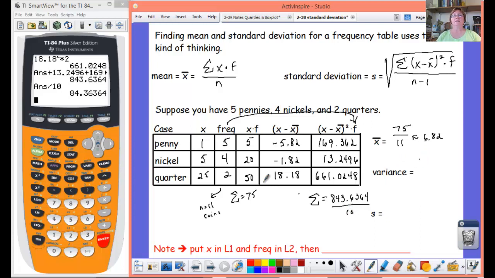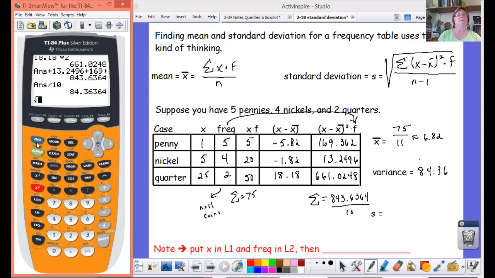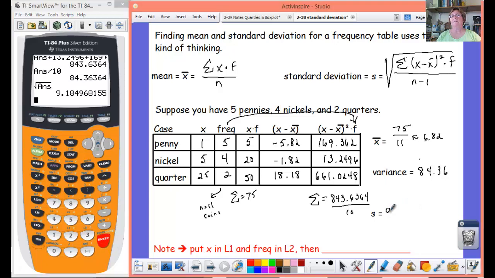And you can see that I've done that in my calculator already. My variance is about 84.36. To find a standard deviation, we need to complete this by taking the square root. So the square root of my variance is about 9.18 cents. Okay? The average distance that any one of our 11 coins is from the mean is around 9.18 cents.